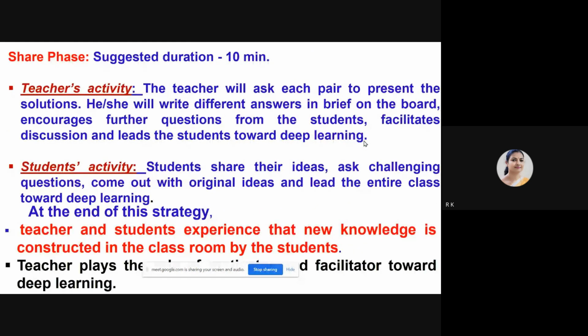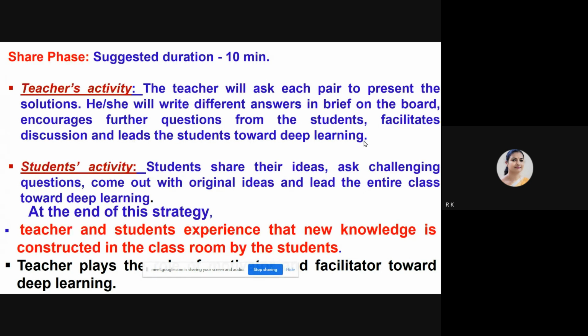And the third phase is called the share phase. In the share phase, the teacher will ask each pair to present their solutions. He or she will write different answers in brief on the board and will encourage further questions from the students, which will facilitate the discussion and lead the students towards deep learning.